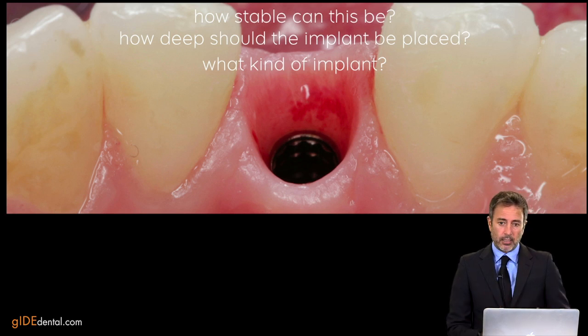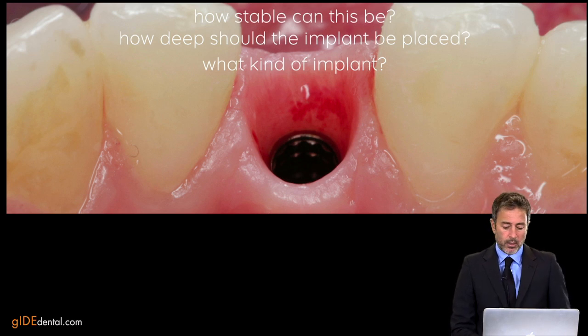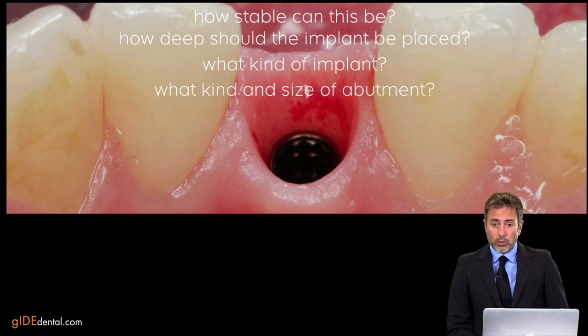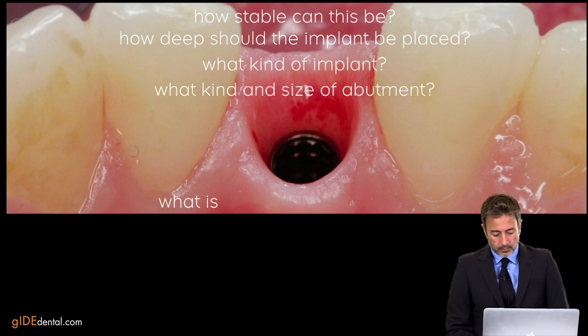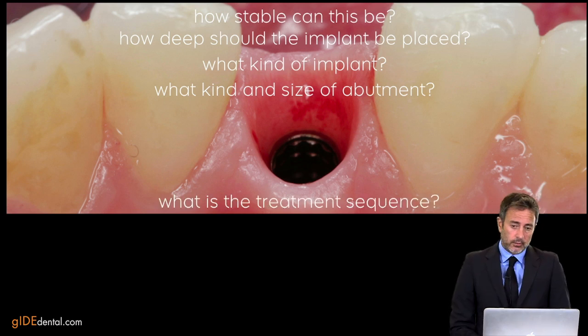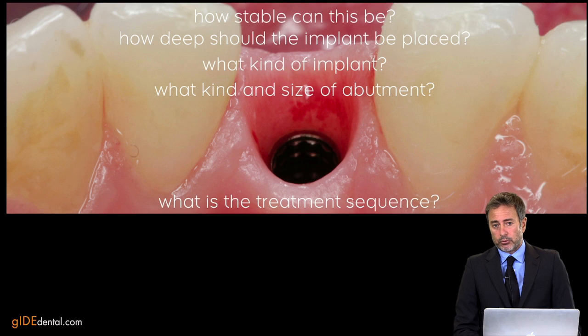So this is something that will guide us in which position we should place the implant regarding depth. And of course, what size of abutment should we use? This is another question. And last but not least, what is the treatment sequence?